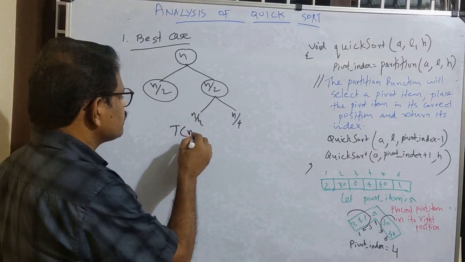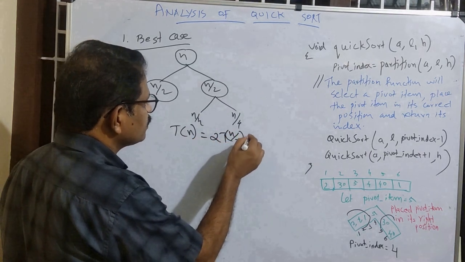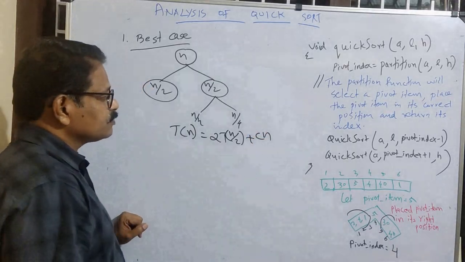The recurrence equation is T of n equal to 2T(n by 2) plus Cn.